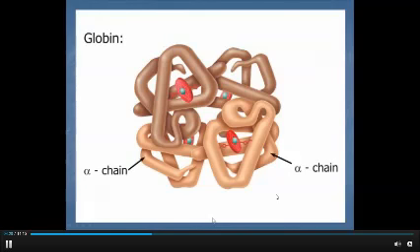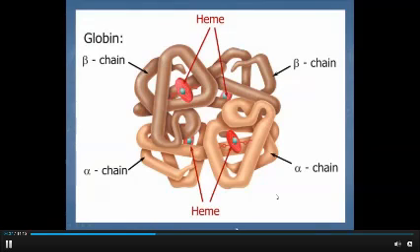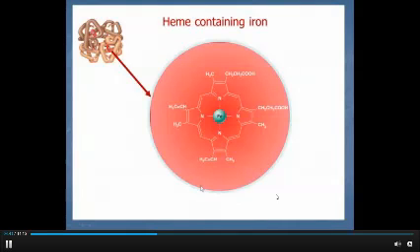You see 2 alpha chains and 2 beta chains. Those are chains of amino acids, right? And each of the chains is connected to heme. In the center of each heme, you can see a ferrous ion, and that's the ion that binds to oxygen.